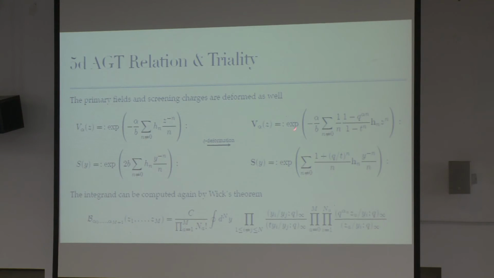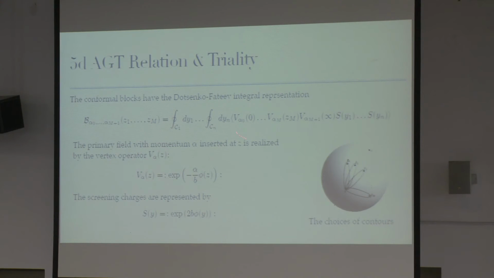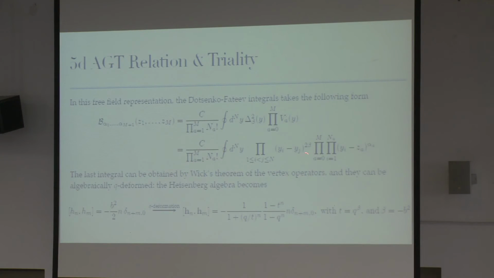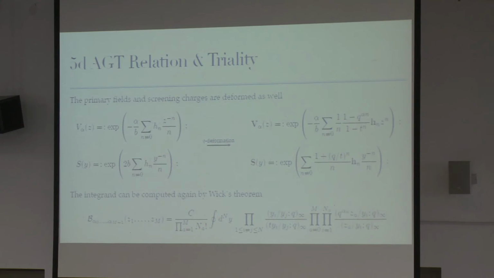Again, you can plug these vertex operators and screening charges into this integral, use Wick's theorem, and you will end up with a matrix integral of this form where you replace the differences by ratios, which are the q-deformed Pochhammer symbols. So this is the basic q-deformation, and again, if you set q equal to 1, or t equal to q, this will reduce to the usual statement. Okay?